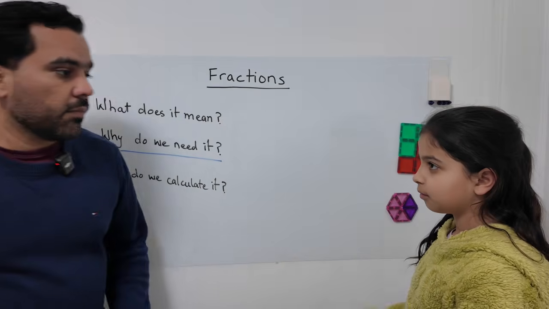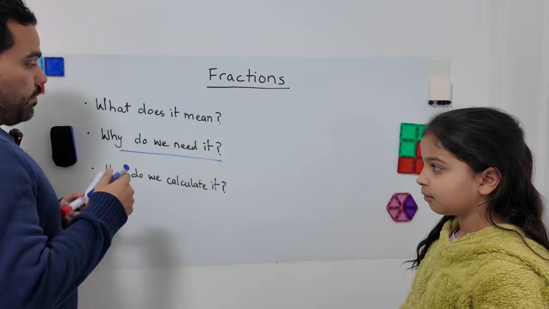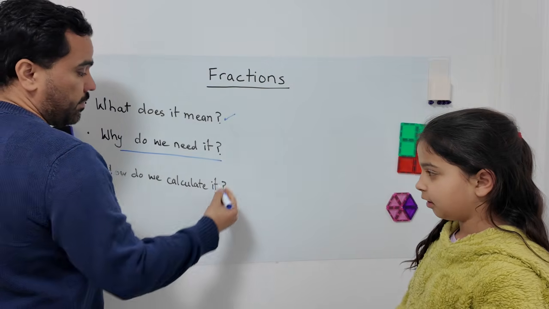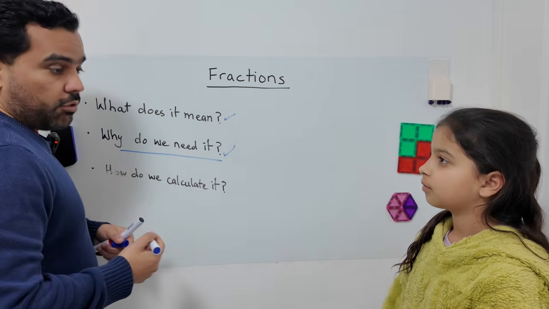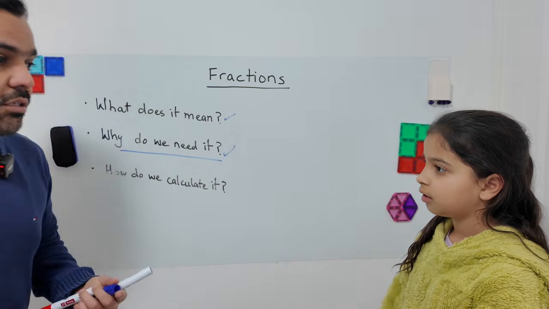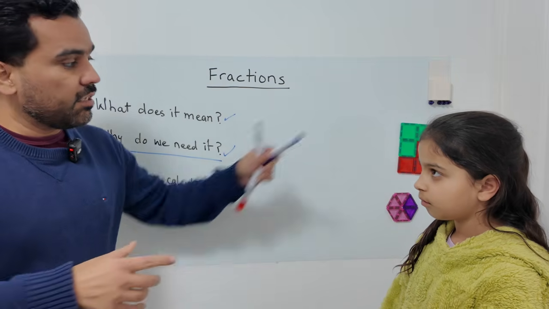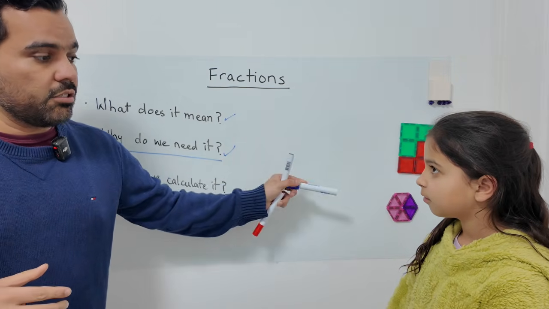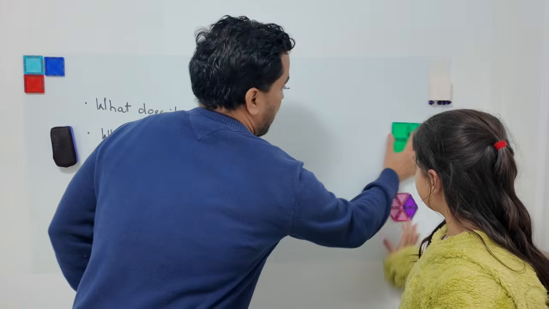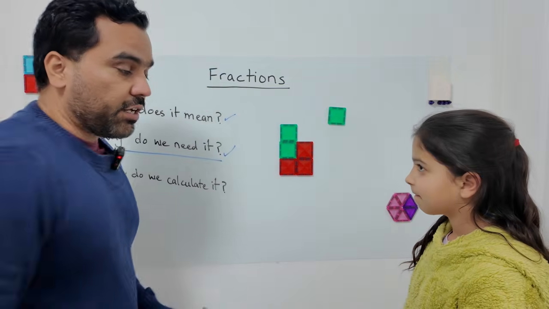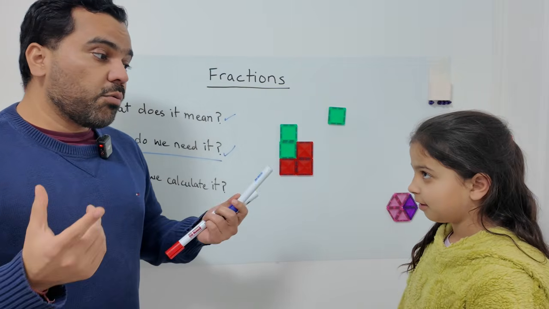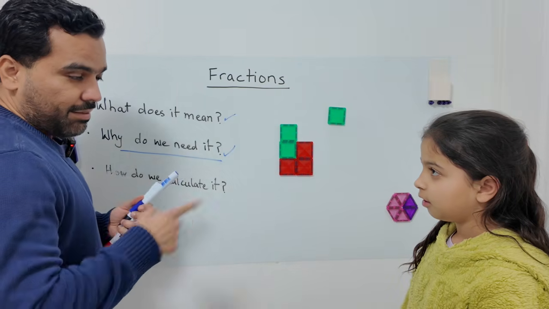So we know what a fraction is now. Why do we need it? Because we will not get the whole quantities all of the time. But diagrammatically, you can represent that you got this as a fraction. How do we write it as a number in maths?